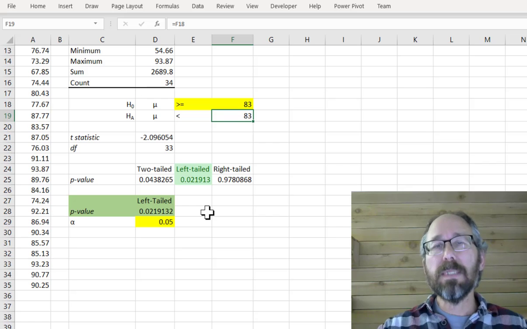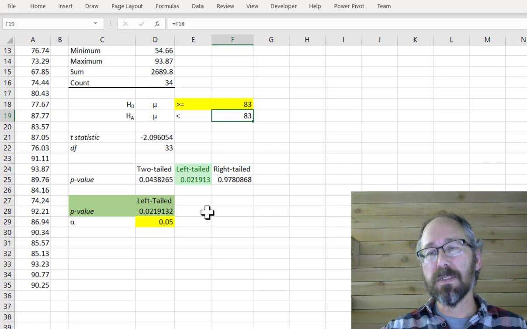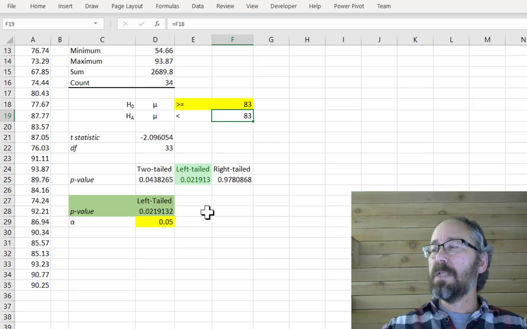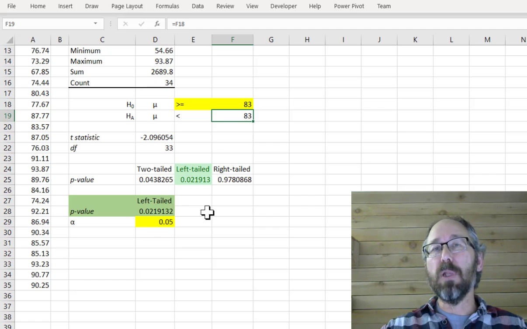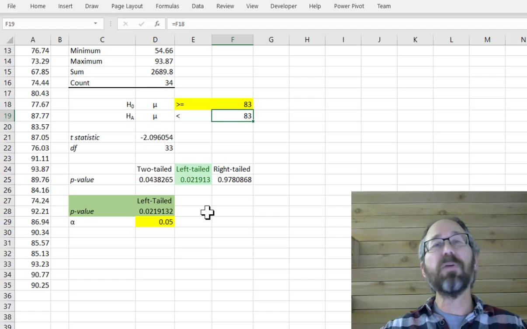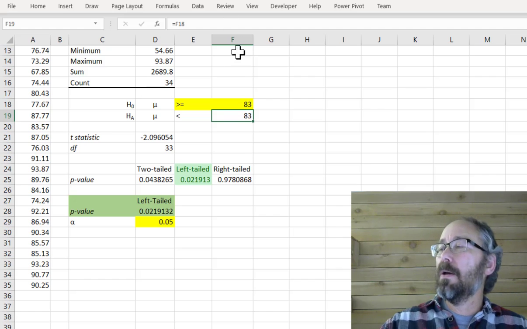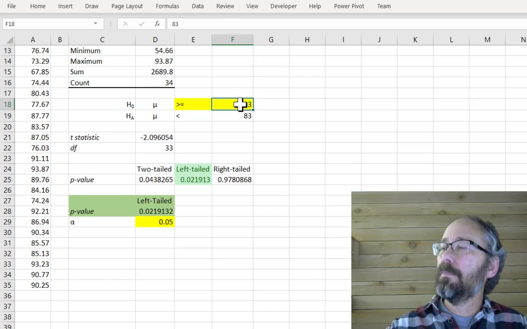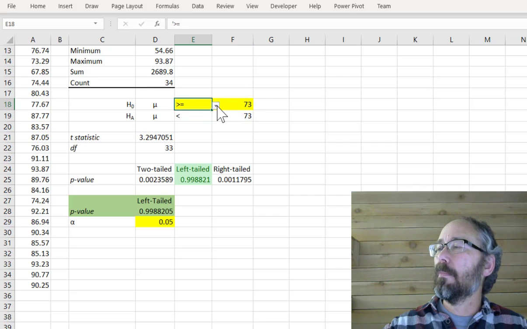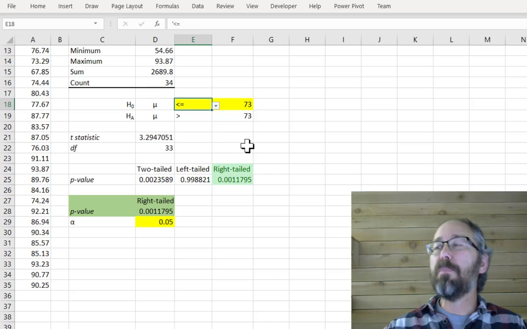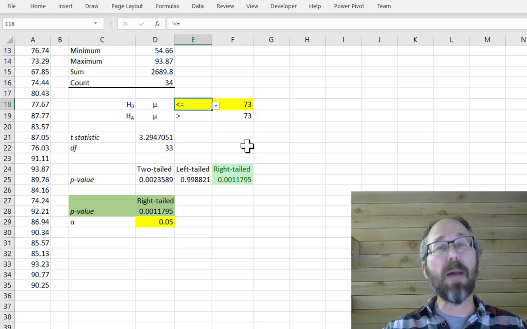Okay, let's set up a right-tailed hypothesis. Let's say that the university says that any class that has a mean below 73 is too difficult for students. So our null hypothesis is that the mean of the population is less than or equal to 73.